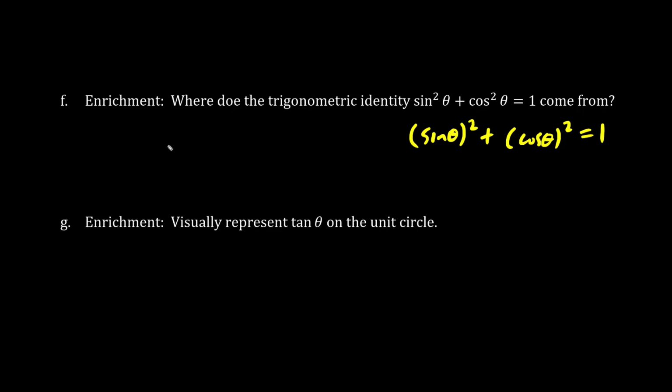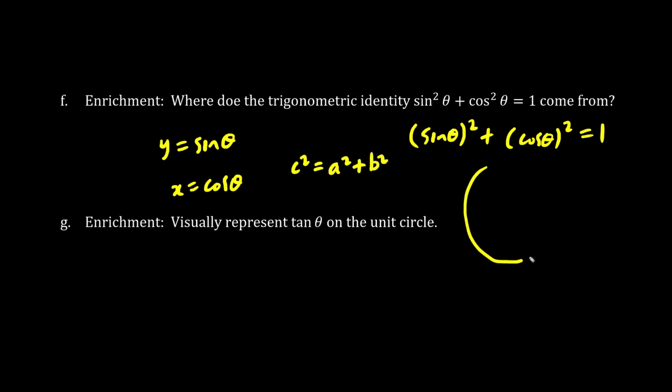Now recall that from the previous part, we figured out that y is sine theta, and that x is cosine theta. If indeed the Pythagorean theorem is true, that c squared equals a squared plus b squared, we had the x and y values such that this is y and this is x, and the radius was 1.